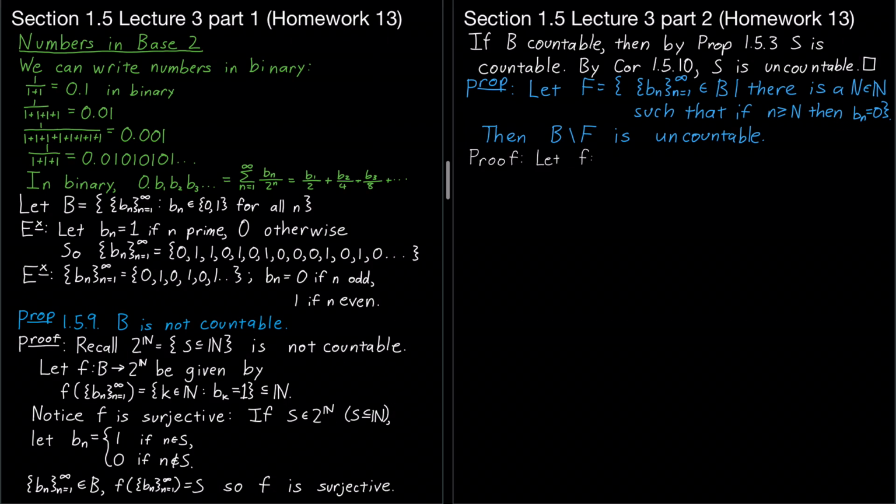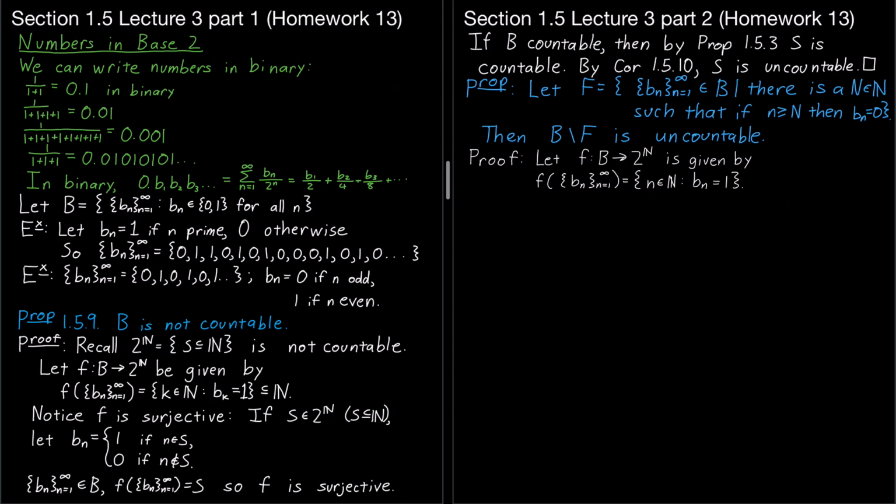So f goes from B to 2 to the N and is given by f of a sequence is the set of all natural numbers n such that Bn equals 1.